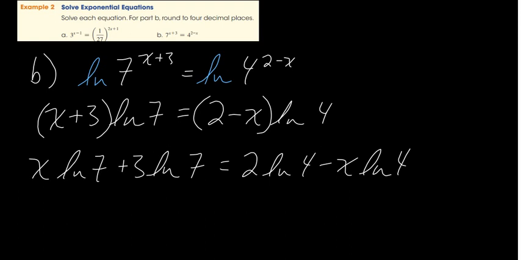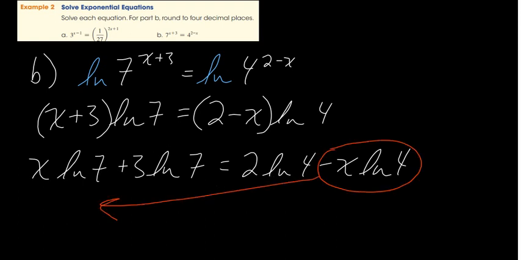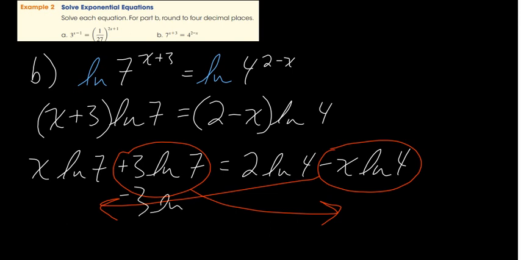All right, and then of course we're trying to isolate the x. So I'm going to move this to the left side by adding x natural log of 4 to the left, and I'm going to move this to the right side by subtracting 3 natural log of 7. I'm not going to write out the whole minus 3 natural log of 7 on both sides because I'm running out of room here, but that is what I will be doing.